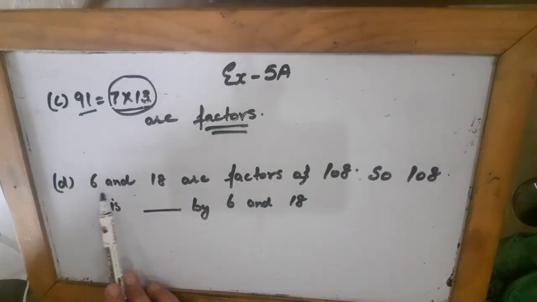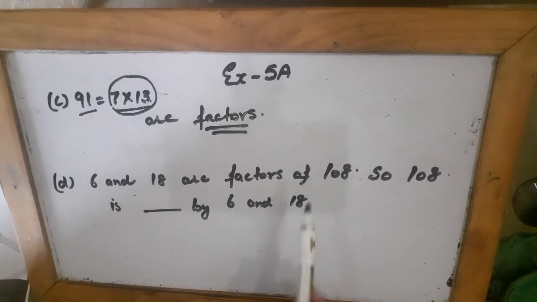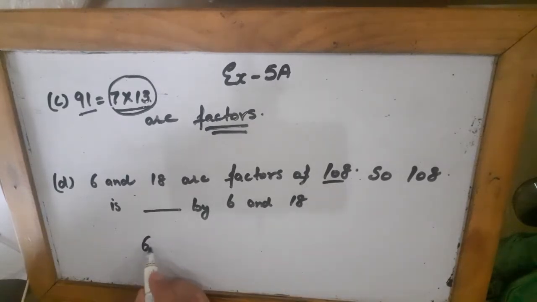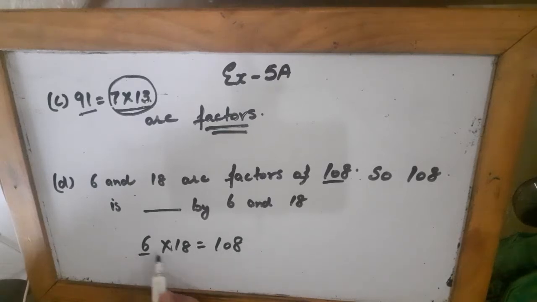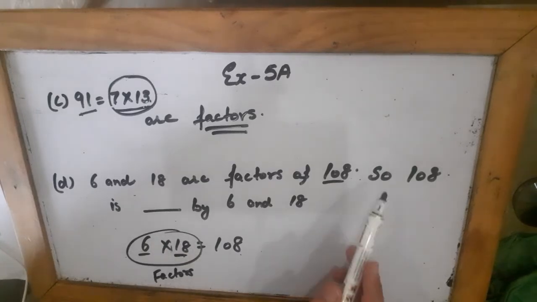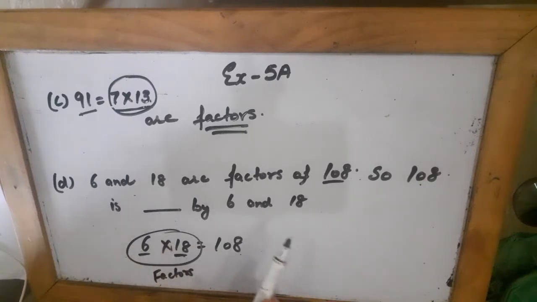Now they are saying 6 and 18 are factors of 108. So if I multiply 6 into 18, what will you get? 108. So 6 and 18, they are saying, are factors of 108. So both of these are factors of 108. So it means 108 is divisible by 6 and 18.